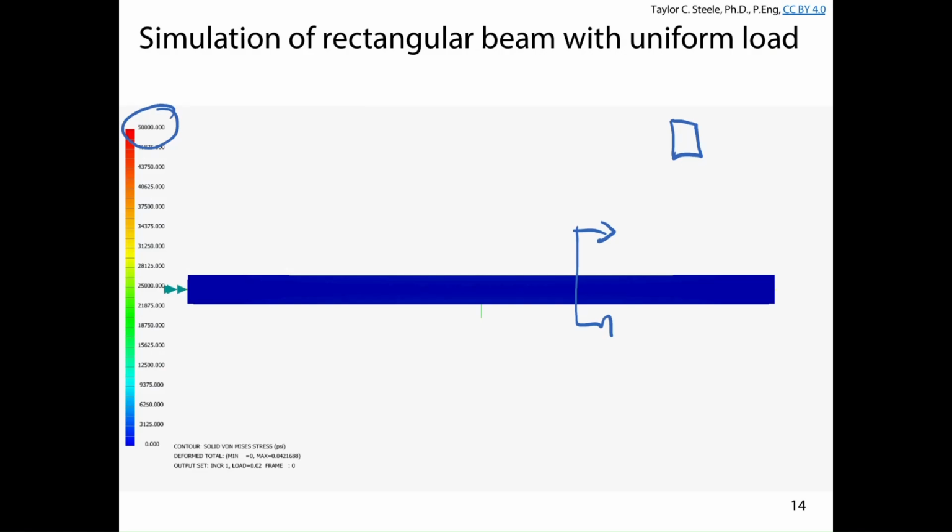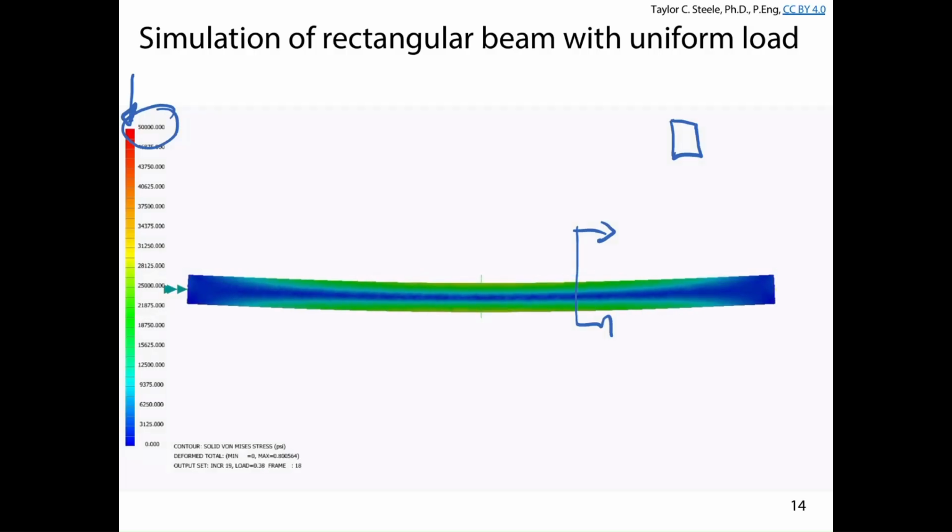And what you're going to see is how the beam behaves as it starts to get more and more load. You're also going to pay attention to where the red is. The red here is going to indicate yielding of the cross-section. So as I play the video, pay attention to where the red is and how the beam deflects as the stress changes.